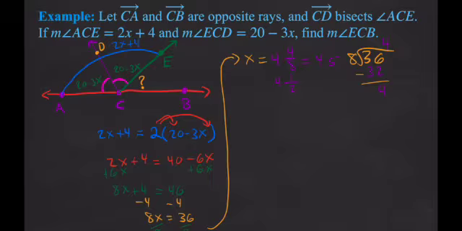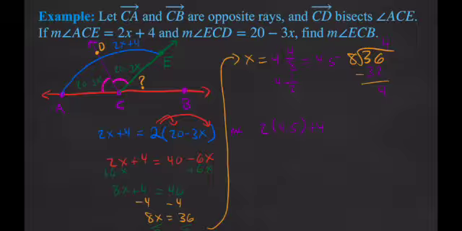So we could find this angle ACE in order to find the other angle. We're going to plug the value of x into the big angle. So we end up with 2 times 4.5 plus 4. That's the big angle, the measure of angle ACE.